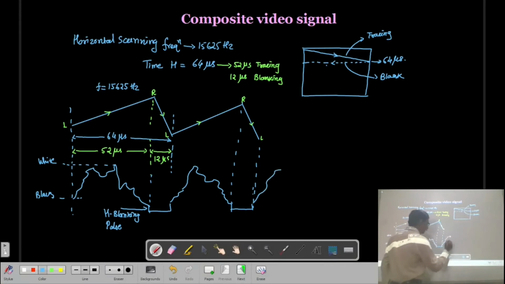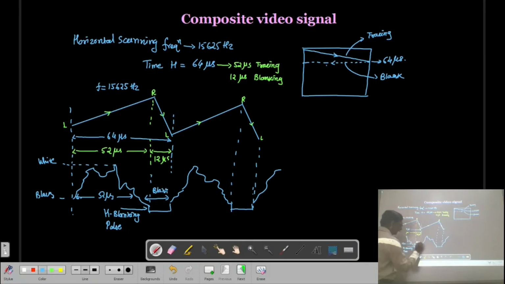Then the next line will start. So up to 52 microseconds, we have this information, and in 12 microseconds, it is blanked out, and therefore to blank out the electron beam, we have to add the pulse, which is known as a horizontal blanking pulse.